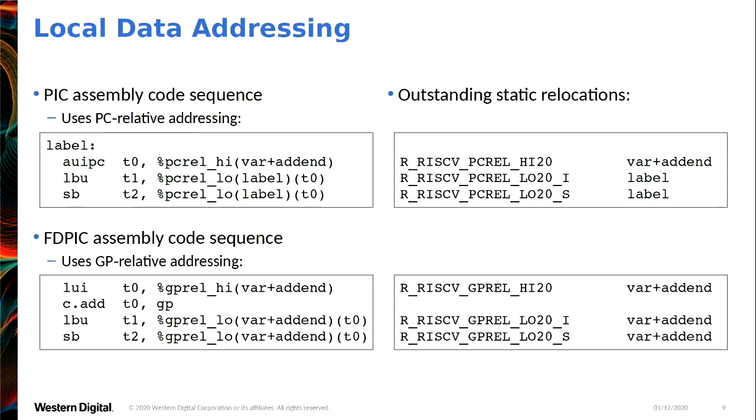We'll have to have corresponding GP relative relocations. The code sequence is a bit longer, actually, because we have no instruction to add an upper part of an immediate to the GP register, so it has to be added explicitly, making the sequence 2 bytes longer.